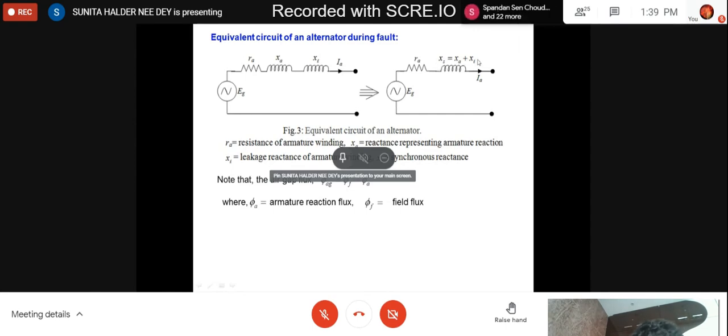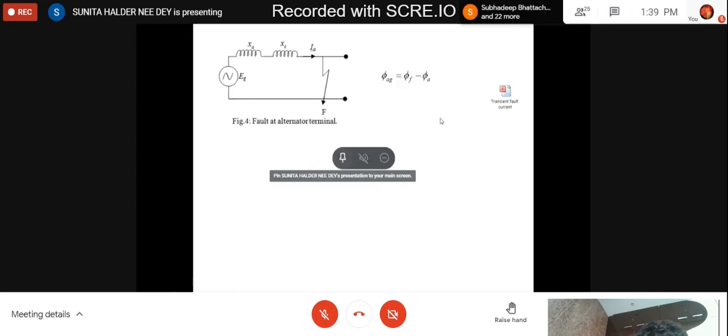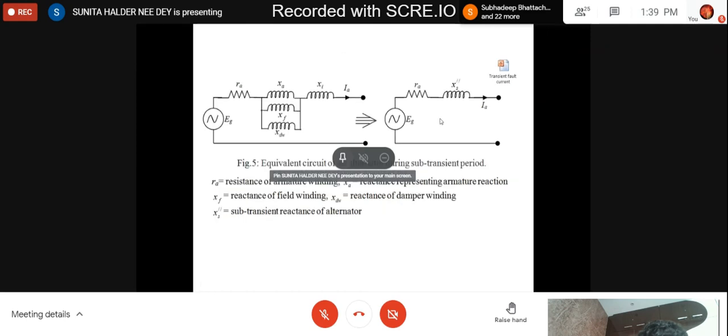And one more thing, XL, the leakage reactance, will always be constant. So that behavior we can show by the equivalent circuit during the subtransient period. Now this portion is totally hypothetical. Interpret this as being less than XS.